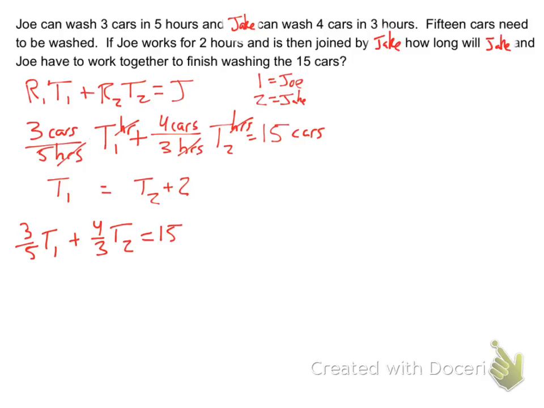Put T2 plus 2 in for T1. Plug this value into T1. 3/5 times T2 plus 2 plus 4/3 T2 equals 15. Probably should have to do what? Distribute.